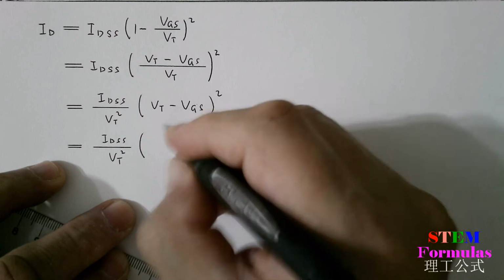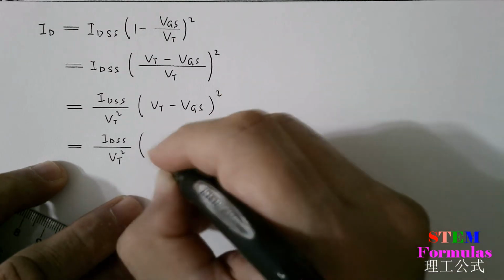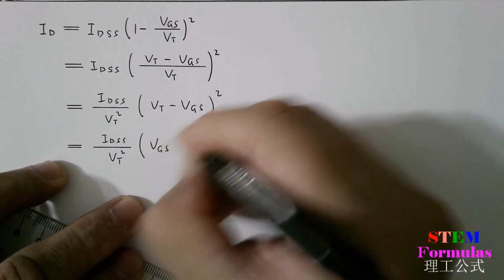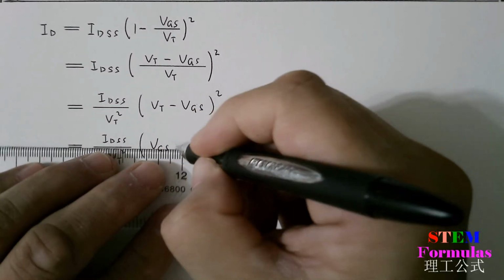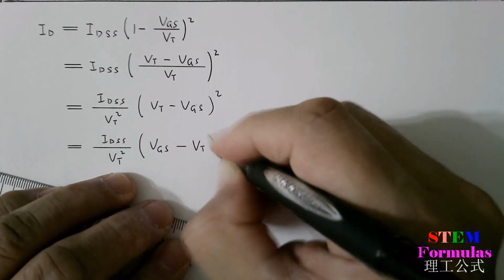I changed the order because this is squared, I can change the order. I can put VGS in the front and VT behind.